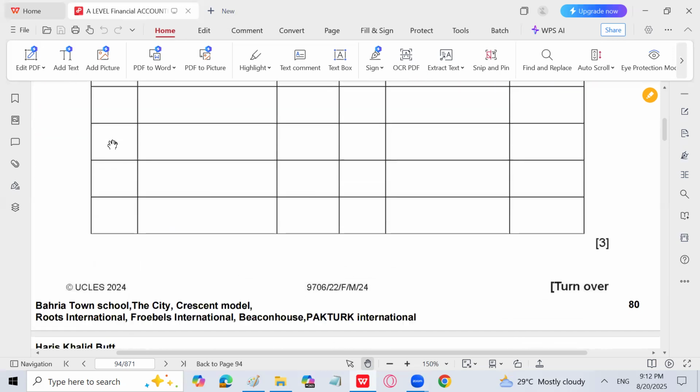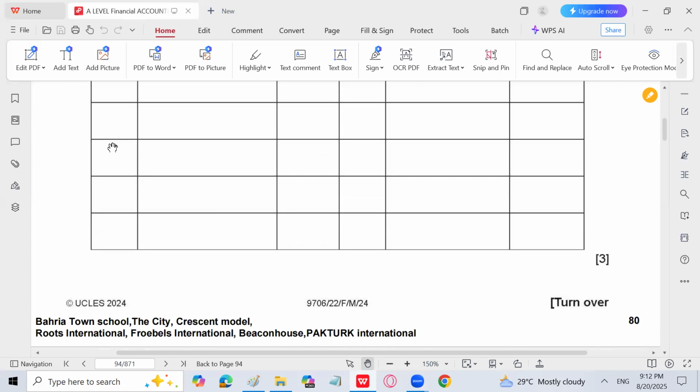I have shown you many topics which came after 20 years, after 10 years. Generally, it comes after 10 years. I have seen many topics in company accounts like that, and some other concepts too. So this question is a normal question. It's not difficult at all.